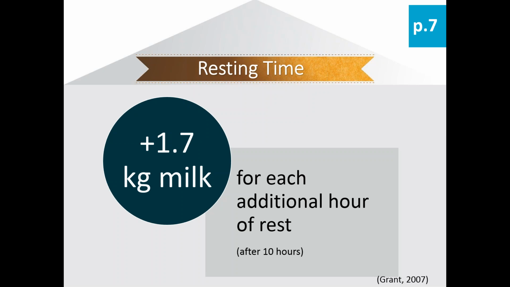And in one of their analyses where they did a meta-analysis of a bunch of studies putting data together, they actually showed that within the range of lying time between about 10 hours and I think it was up to 15 hours of rest time per day, they saw about a 1.7 kilo increase in milk for every additional hour of rest.